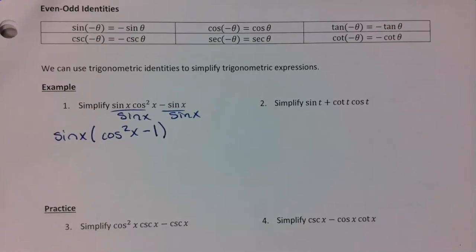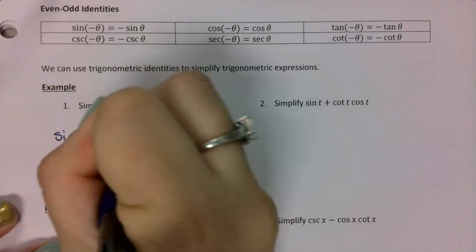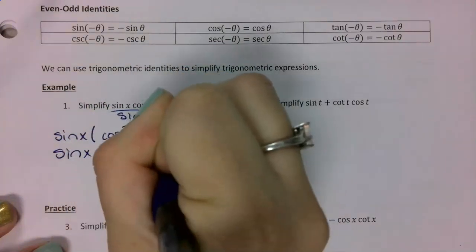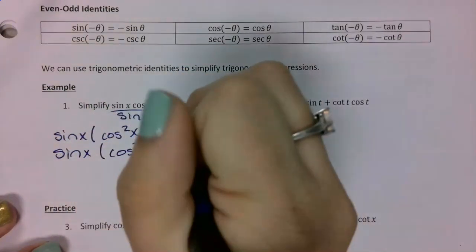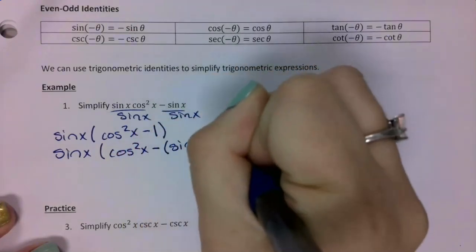What am I replacing? Okay, so I'll replace the 1. So I have sine x, and then the cosine squared x was there to begin with. Now instead of the 1, I'm replacing it with sine squared plus cosine squared.